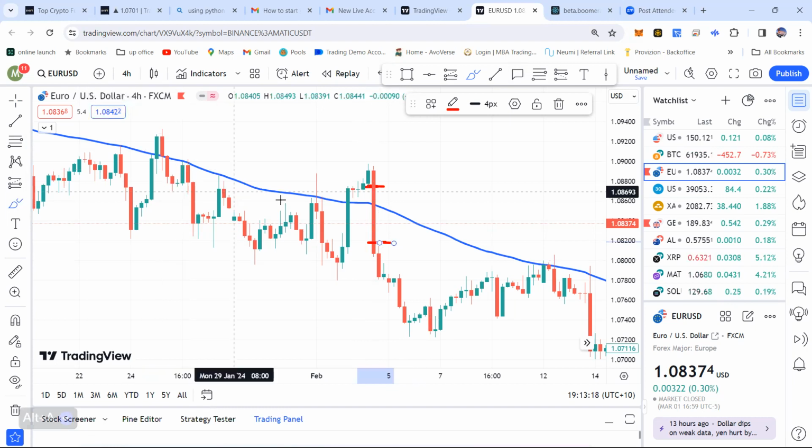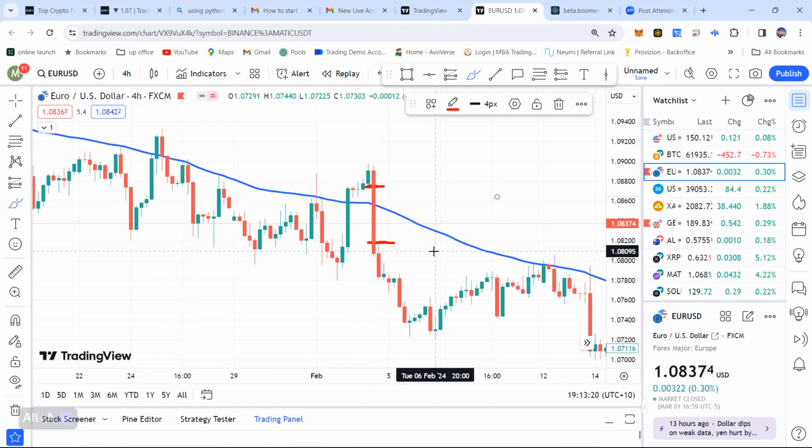Now you'll get slightly different interpretations of it. I know some people just use the body of the candle, not the wicks. But in my opinion, you've got to include the wicks, because I'll get into why later.